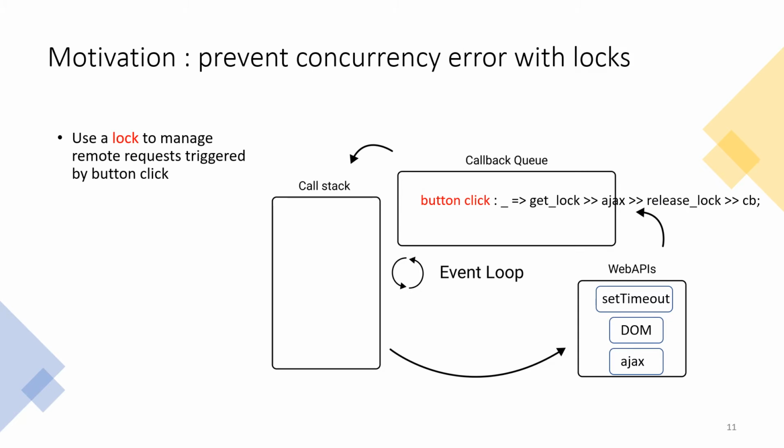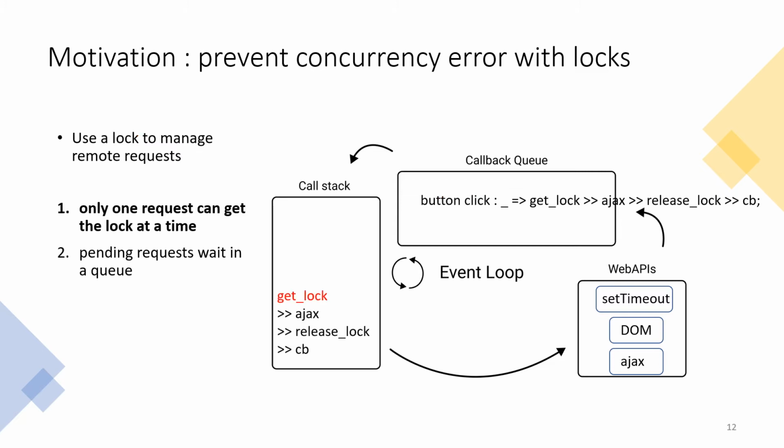We can protect shared resources using a hypothetical locking mechanism so that before accessing the remote server, the callback handler gets a lock first, and then it releases the lock when the remote request completes. When the button handler runs, the first thing it does is request a lock.